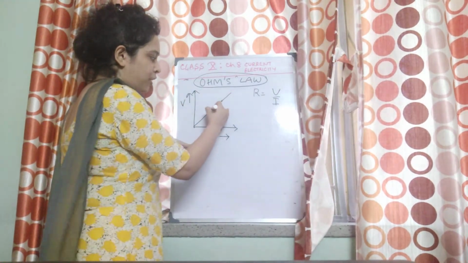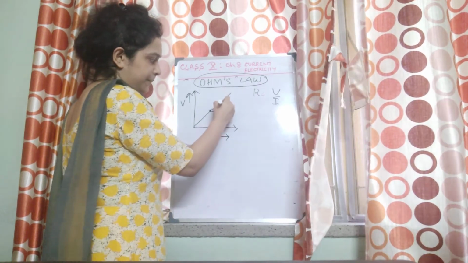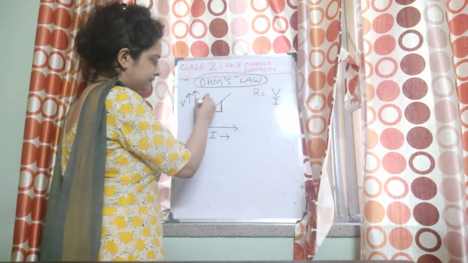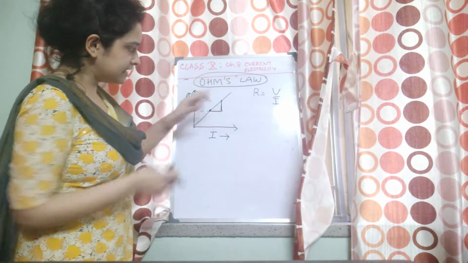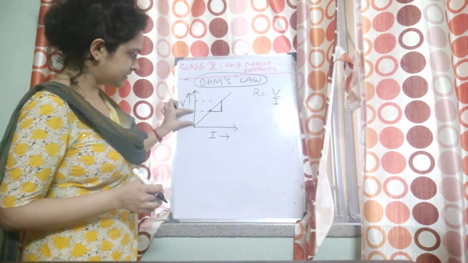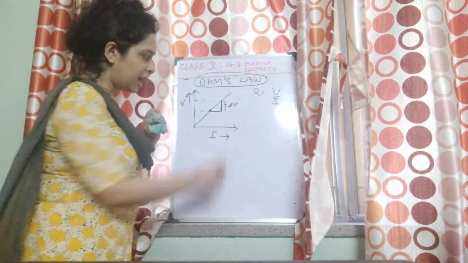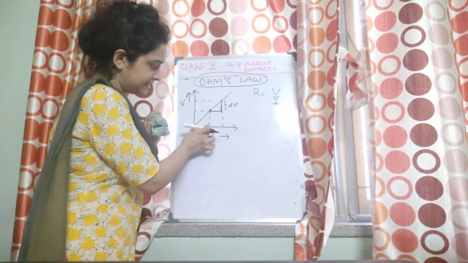You take any two points, drop a perpendicular, you measure this. How much is this? This is this minus this, delta V. And how much is this? This minus this.